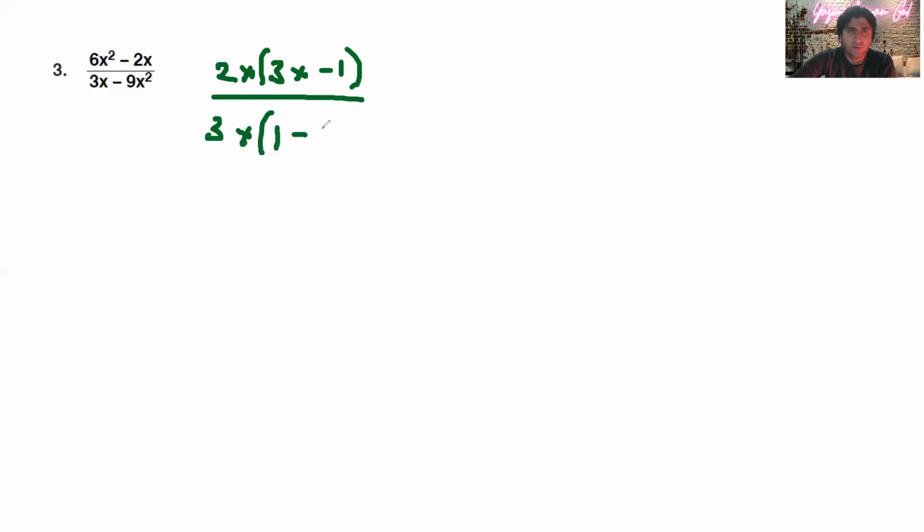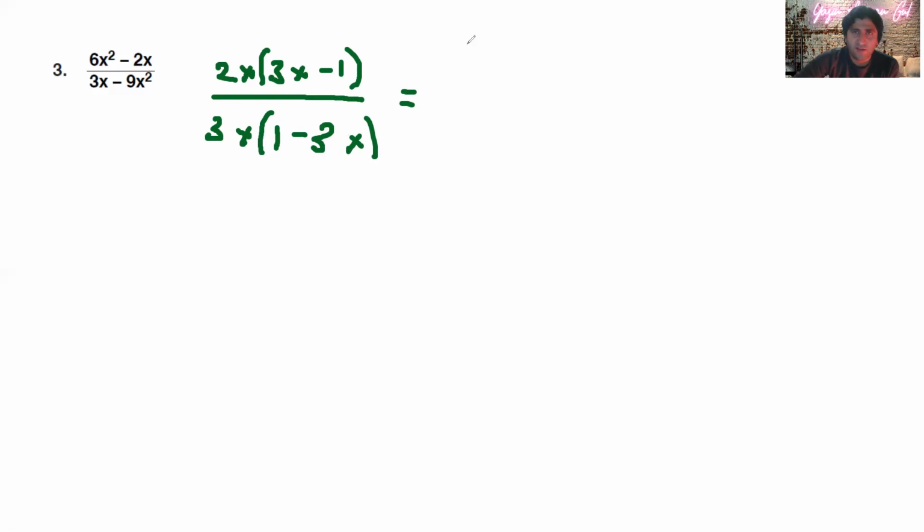That is going to be 3x. Okay, then this equals what? Again, the same story. 3x minus 1, 1 minus 3x. They aren't the same. But if I multiply 1 by negative 1, then I can get them the same. So basically, 3x minus 1 divided by 1 minus 3x is negative 1.